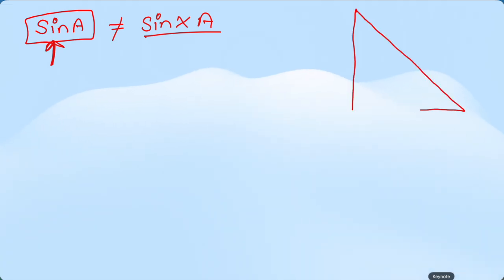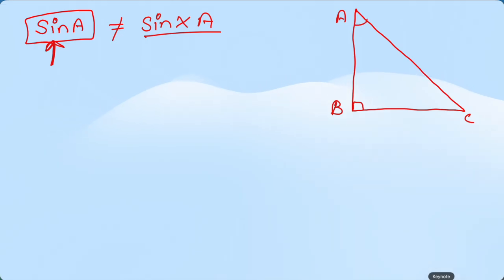One of the most important things that should be clear in our mind is that if I'm writing sine A, this is not sine into A. This should be read as sine of angle A. We have this right angle triangle, triangle ABC.